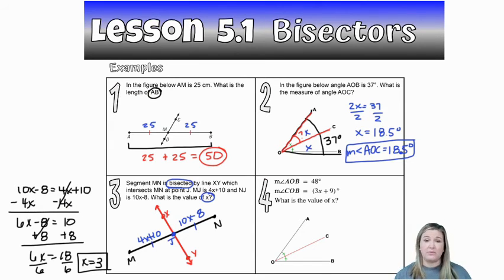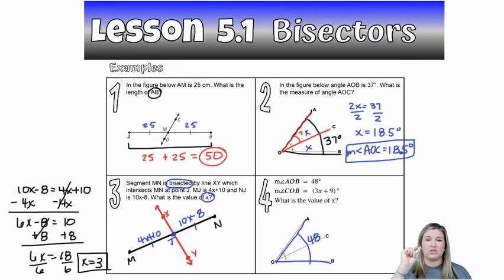All right, here we went ahead and drew it for you. It could say that OC is the angle bisector and start labeling all of those, but it went ahead and drew that here. So the measure of AOB is 48. So the whole thing, AOB, is 48.